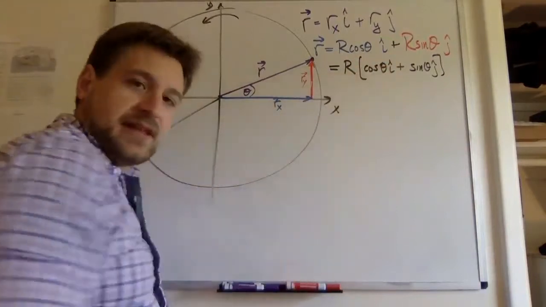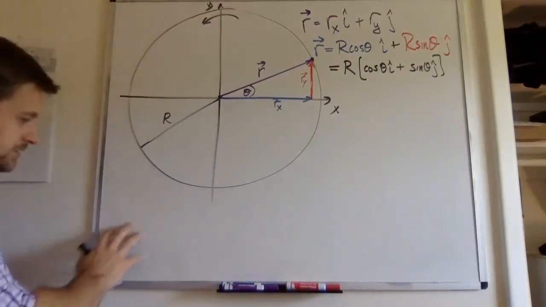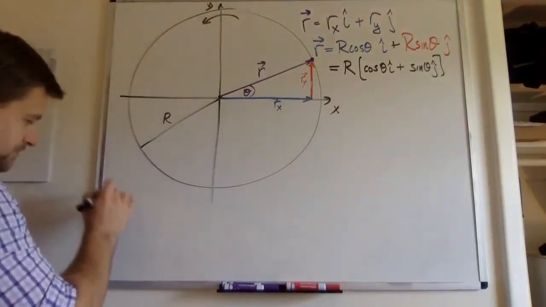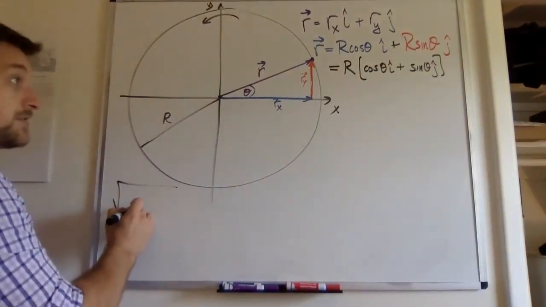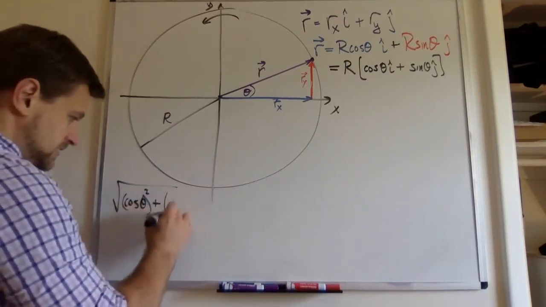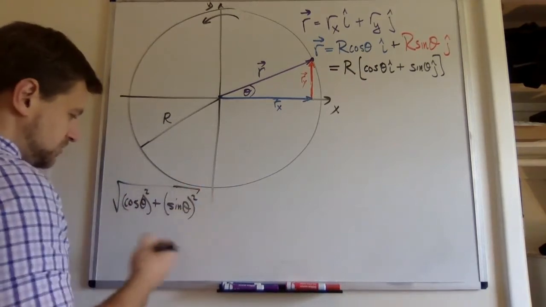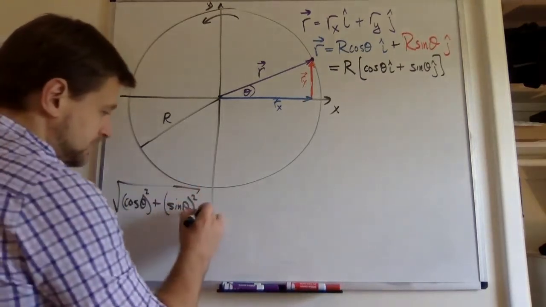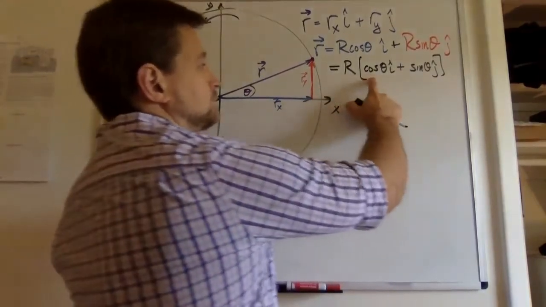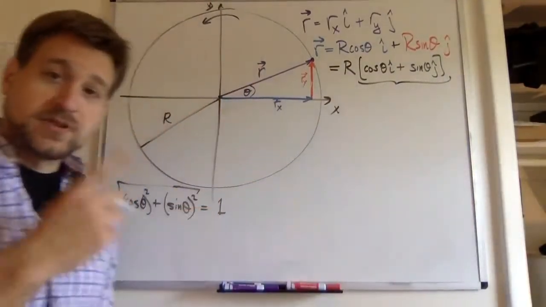What's the magnitude of that thing in square brackets? Just out of curiosity. We take the square root of the horizontal piece squared plus the vertical piece squared, but sine squared plus cosine squared of the same angle is 1. So this has magnitude 1. So this thing in brackets is a vector with a magnitude of 1 unit.